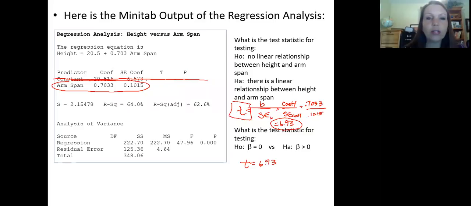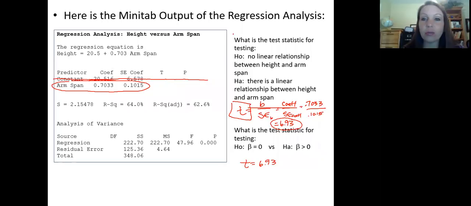Notice that in my output over here, somehow my whiteout bottle even made it to the computer screen and erased the values of T. When you do this in Minitab, it'll actually tell you the test statistic. But on the exam, it's possible that it's going to be missing, so you're going to have to calculate it by hand, which isn't that hard. We just did it. Just be aware that you might have to calculate that.